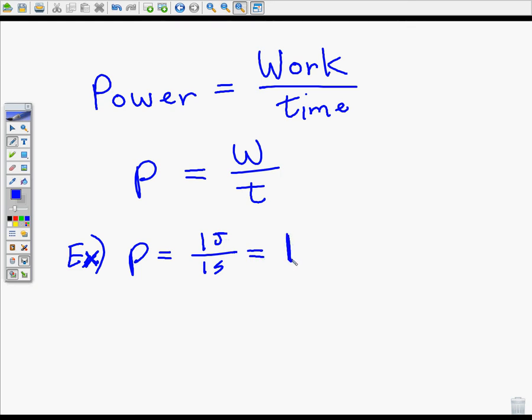Whatever math you do to the numbers, you do to the units.